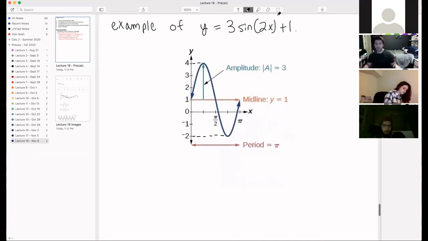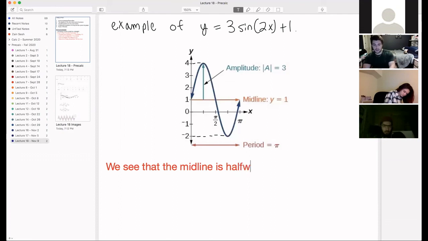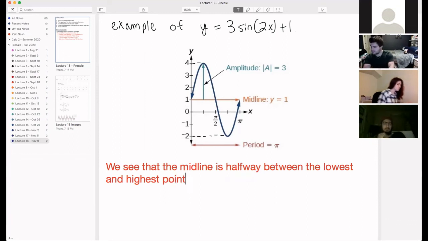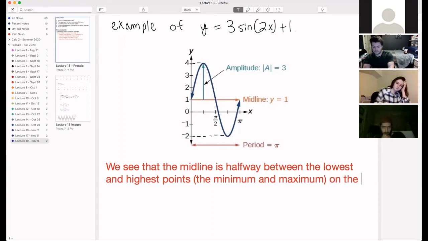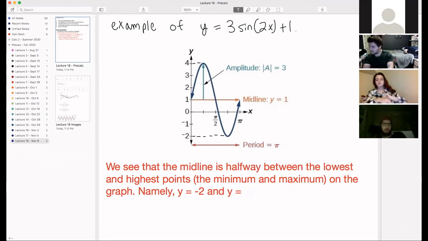Okay, I'm going to type this quickly because it is pretty important. So we see that the midline is halfway between the lowest and highest points, that is, the minimum and maximum on the graph, namely y equals -2 and y equals 4.